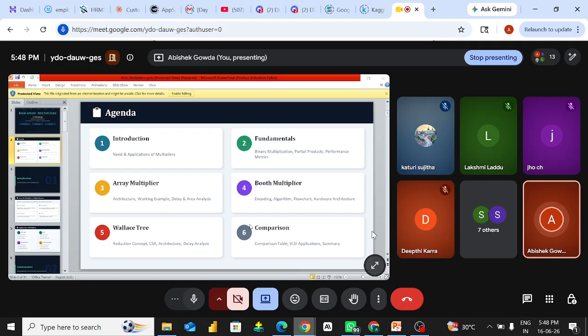After that, you add them in the end. What I'm trying to say is that you're not only multiplying here, you're also adding the answers of each term. That's why multiplication takes more hardware resources.